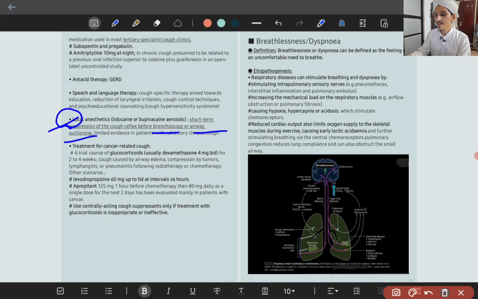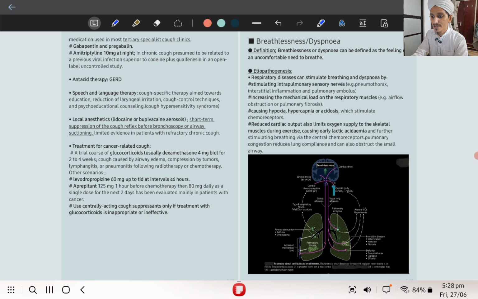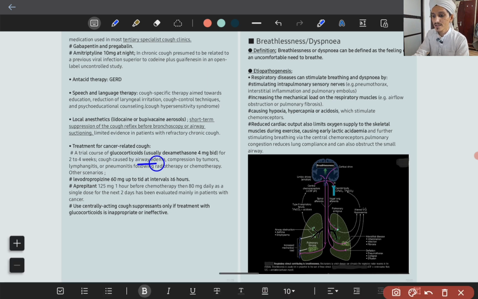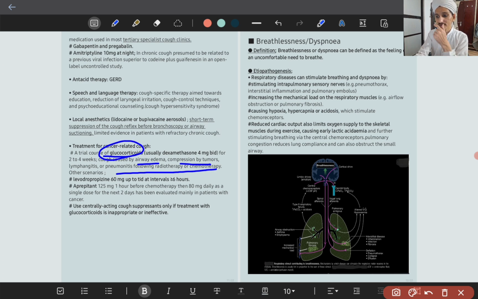For cancer-related cough, the cough is mainly caused by airway edema, compression by tumors, or by pneumonitis following radiotherapy or chemotherapy. In those cases, you use glucocorticoids. In that, dexamethasone 4 mg twice daily. In other scenarios, you use levodropropizine 6 mg TID, aprepitant 125 mg 1 hour before chemotherapy.